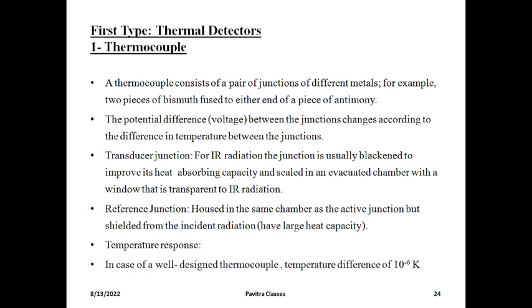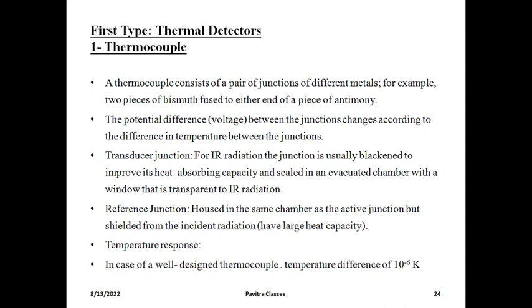The potential difference between the junctions acts as the electrodes, and the voltage between the junctions changes according to the difference in temperature. The transducer junction for IR radiation is usually blackened to improve its heat absorbing capacity, since black absorbs heat, and it is sealed in an evacuated chamber with a window that is transparent to the IR radiation.